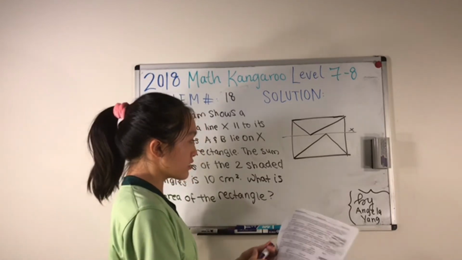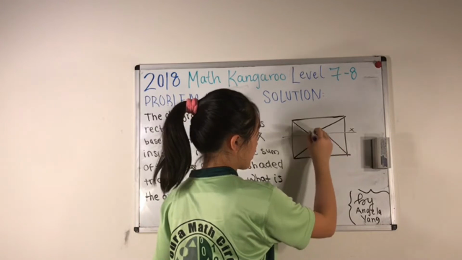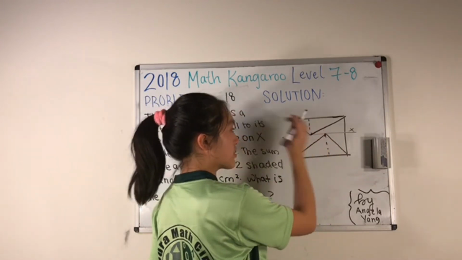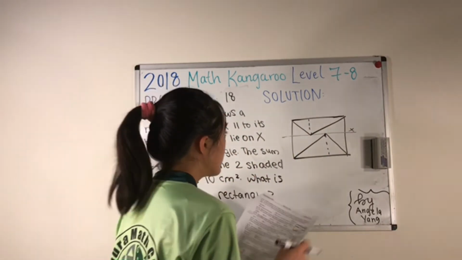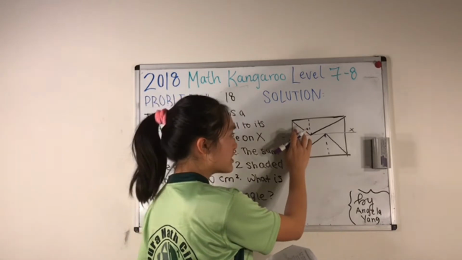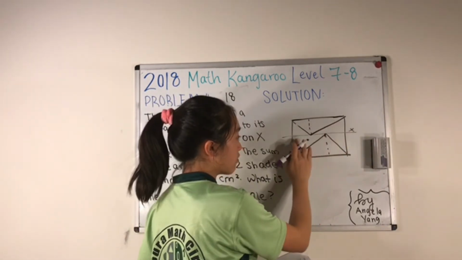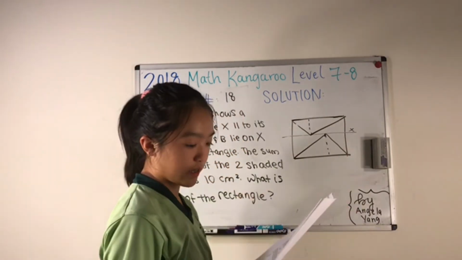So to solve this, we have these two rectangles. Let's pretend that there's a line going down here. So that means we can just reflect this area over here. So that would mean that this has half of the rectangle sticking out, and half of the other rectangle sticking out.